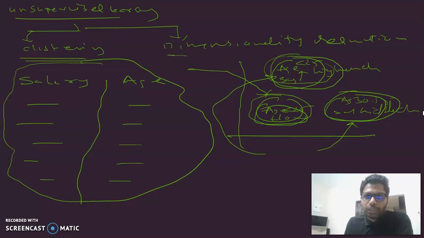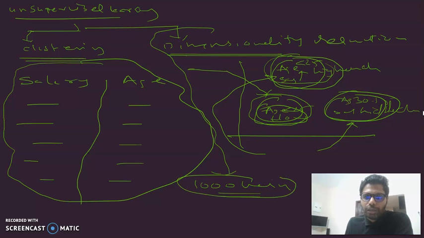Now let us go further and learn about dimensionality reduction. The name itself says dimension reduction, right? Suppose you have 1,000 variables in the data. You don't need all these 1,000 variables.